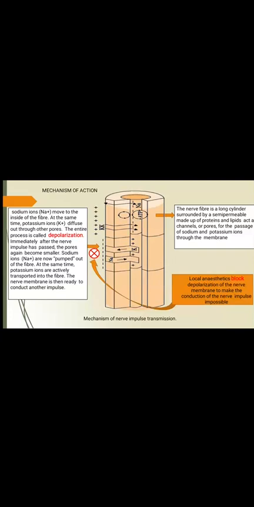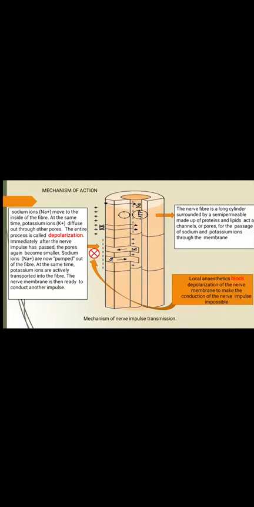The nerve fiber is a long cylinder surrounded by a semipermeable membrane made up of proteins and lipids, which act as channels or pores for the passage of sodium and potassium ions through the membrane. So local anesthetics block depolarization of the nerve membrane to make the conduction of nerve impulse impossible.